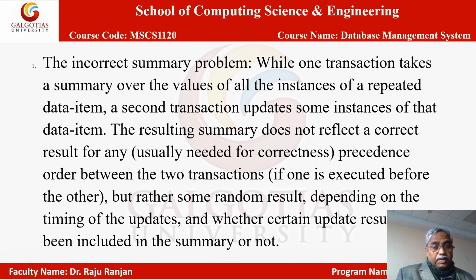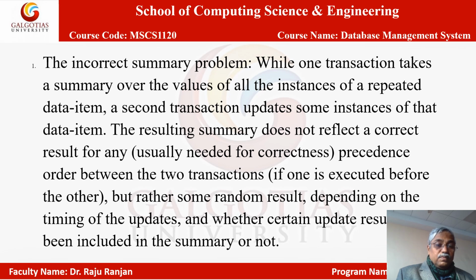What does it mean? It means that while one transaction takes a summary over the values of all the instances of a repeated data item, means one transaction was taking the summary of the value, whatever transaction has been done. Meanwhile, a second transaction updates some values of the data item. So the resulting summary will not reflect the correct result for any precedence order between the two transactions.